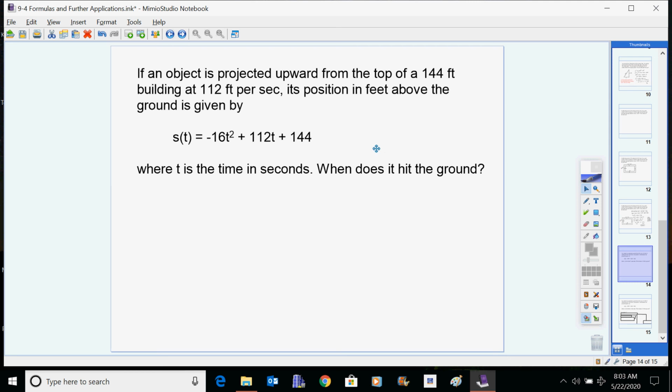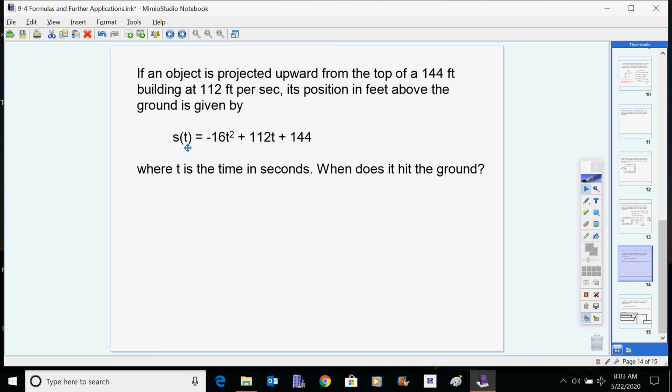If there's a problem like this, the formula would be given. Notice that it's in quadratic form, t squared, t, and then a constant term. We want to know when it hits the ground. So you want to consider the height. Okay, this is the height.